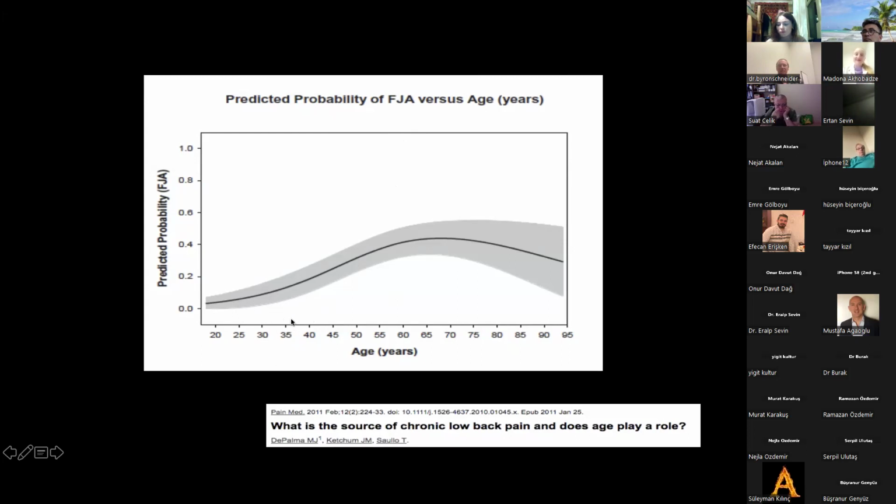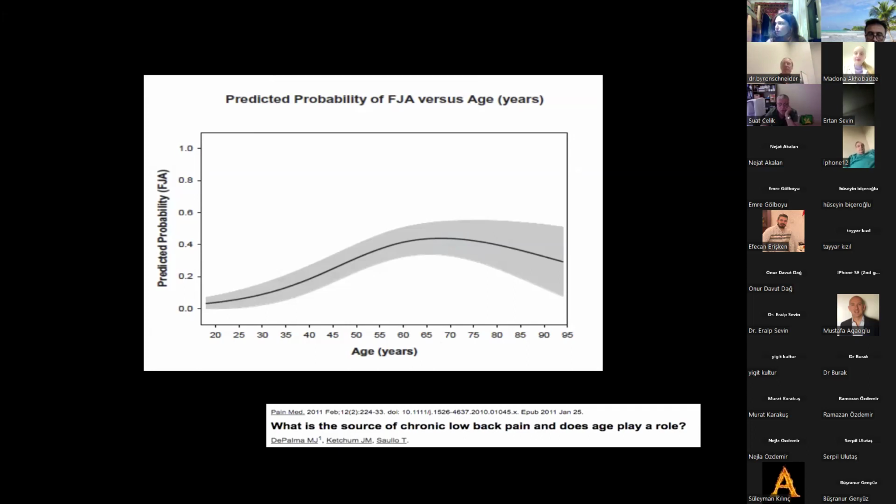But if we look at patients here 30 to 40, the prevalence of facet pain is less than 20%. It's somewhere between 10 and 15%. And maybe later in life, in our 60s and 70s, it might get up to 40%. It's never more than 50% in the lumbar spine.